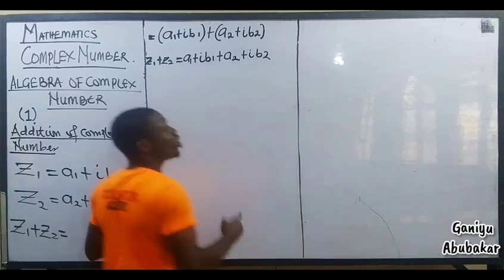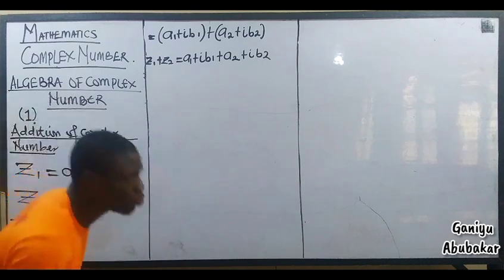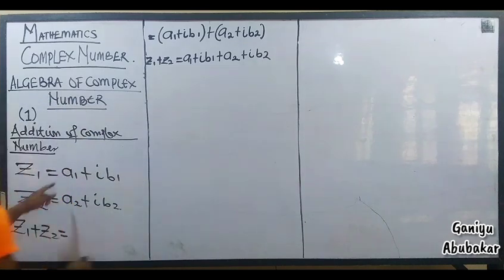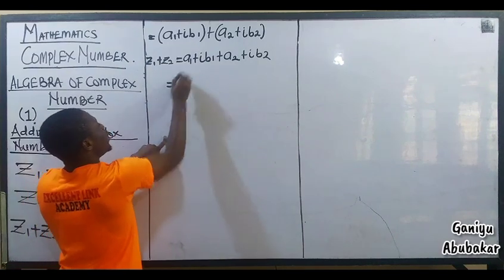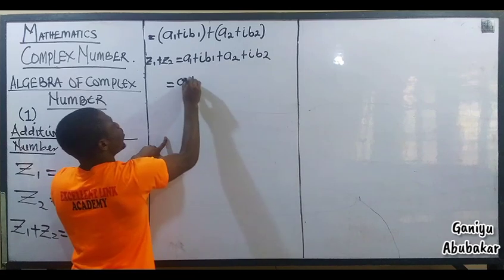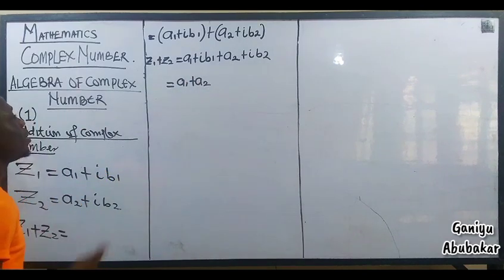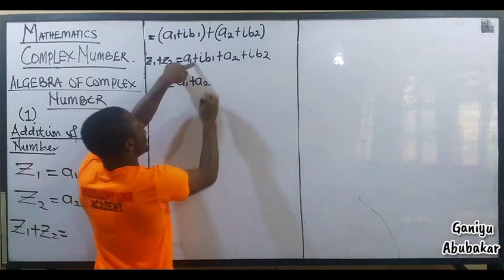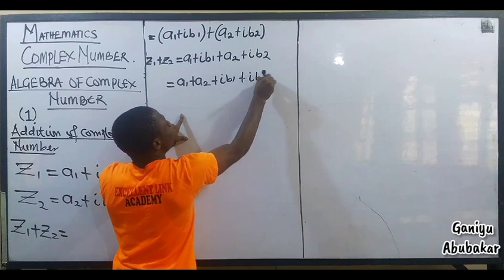What did we say? Add the real parts together. By the real parts, we mean a1 and a2, so the real part here is a1 plus a2. Next, add their imaginary parts, plus ib1 plus ib2.